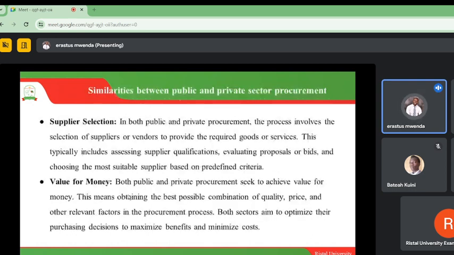Other similarities are in terms of supplier selection. In both public and private procurement, the process involves the selection of suppliers or vendors to provide the required goods and services. So in both instances, whether private or public, we have to do supplier selection.